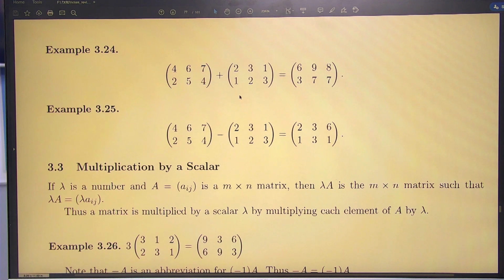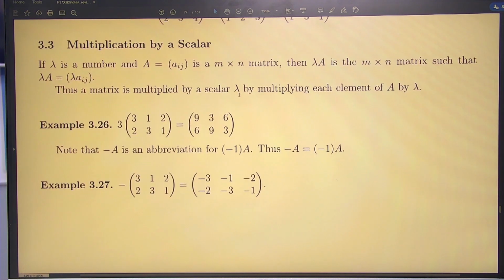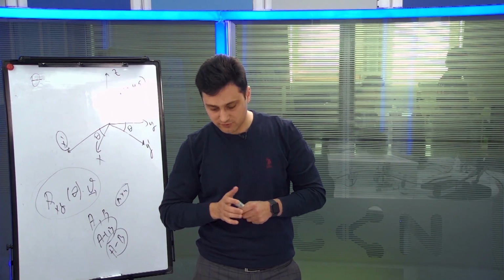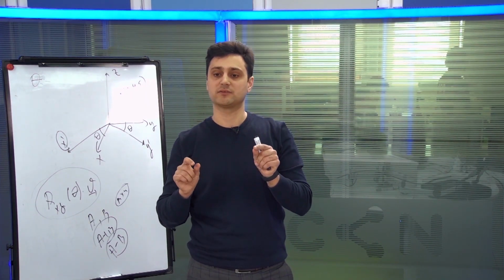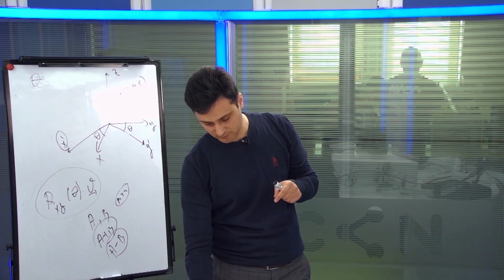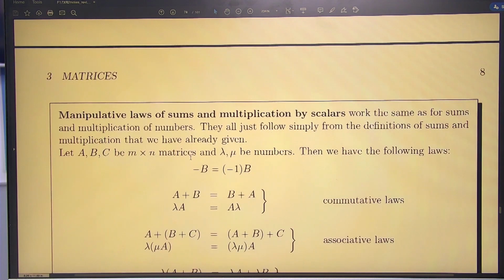So this is very simple, but we need to have matrices of the same dimension. Multiplication by a scalar we define while defining the antisymmetric matrix. If you have a scalar multiplied by a matrix, we multiply each element of the matrix by this scalar and get the result. For example, 3.26 and 3.27.